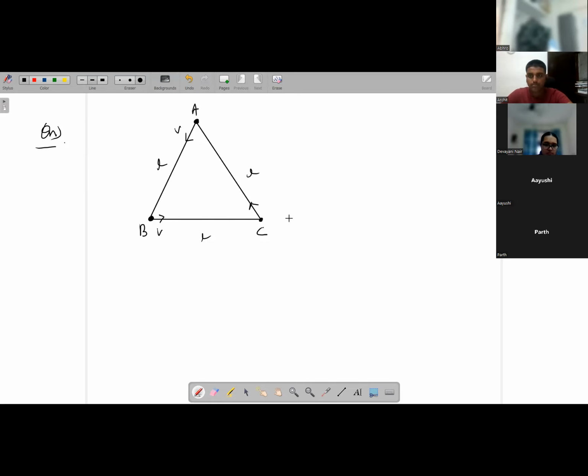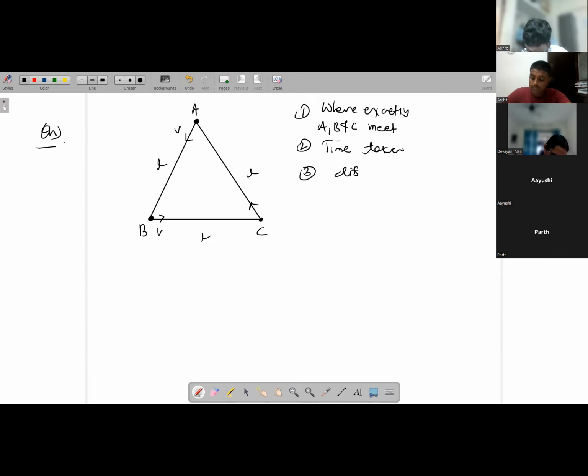Understood? So you have to find where exactly A, B, and C meet. Second, time taken. How much time they will take to meet.